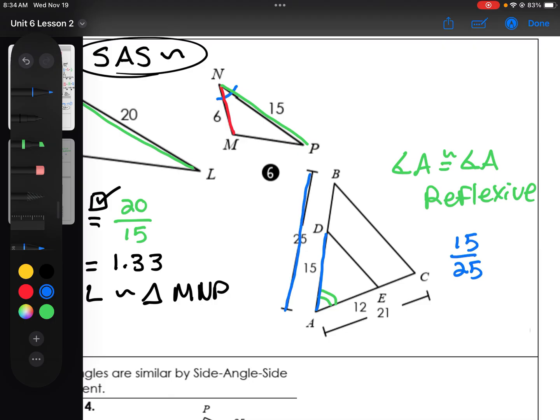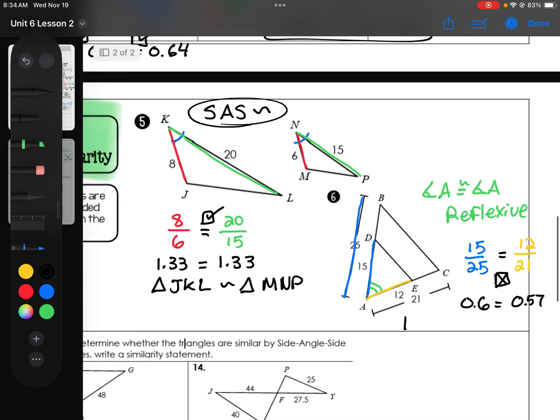So 15 over 25 needs to be equal to the relationship between the small side as compared to the big side, 12 over 21. If they're equal, then we know the two triangles are similar. So I'm going to type these in. 15 divided by 25 is 0.6, and 12 divided by 21 is 0.57. Therefore, they are not proportionate, meaning this is not similar.